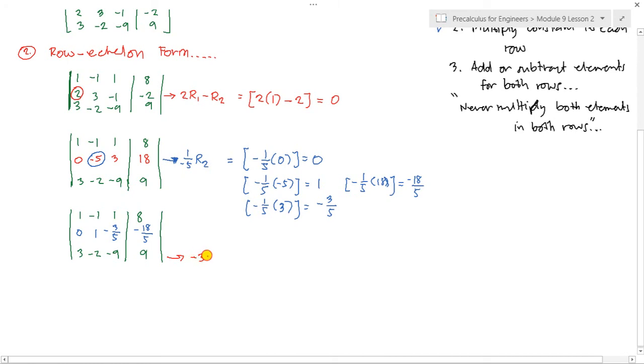That is negative 3 times the first column, first row, plus the third row. Do you agree? Do you think this will result in 0? Class, there's no sound at all. Where is it 0? Can you still do it, or should we stop? It becomes 0. How about the others? Do you agree?